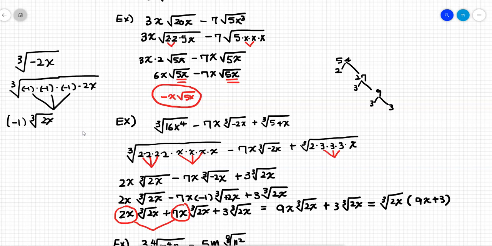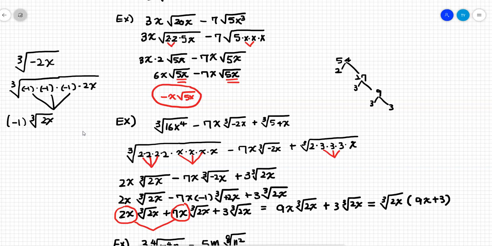Okay, so here I have 3x square root of 20x minus 7 square root of 5x cubed. So I write the square root. 20 you can rewrite as 2 times 2 times 5x. Then you have 5x times x times x, so that's what the x cubed is.